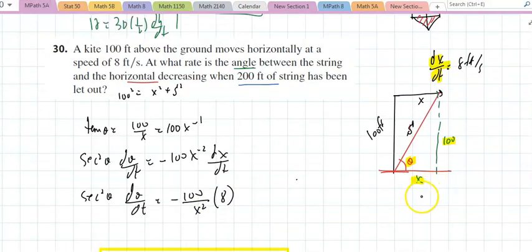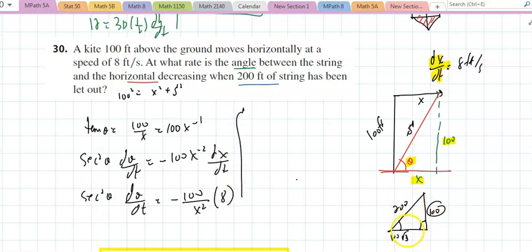Okay, if they say you have a right triangle, this is the angle. If this is 100 and this is twice that, that makes this radical 3 times this. Or you could use Pythagorean and figure it out.